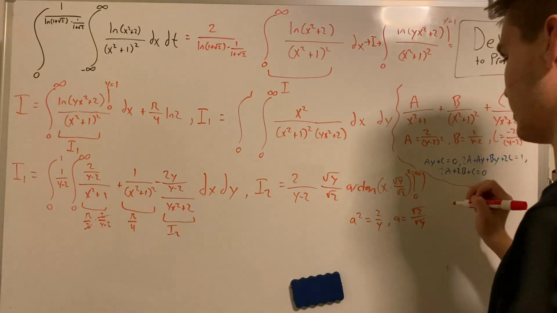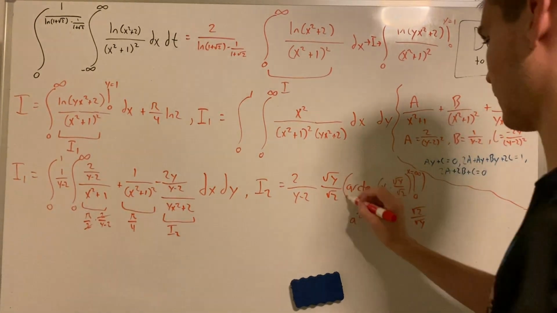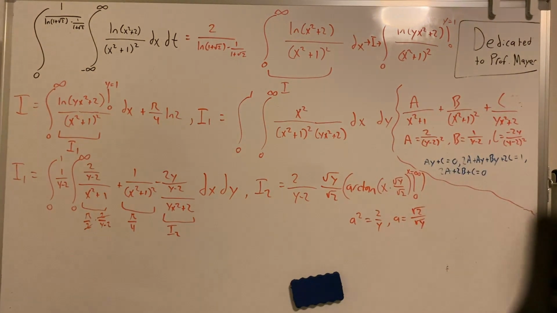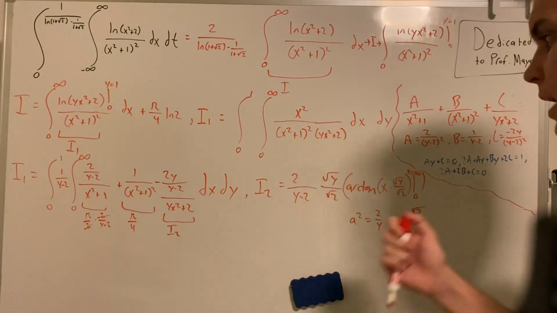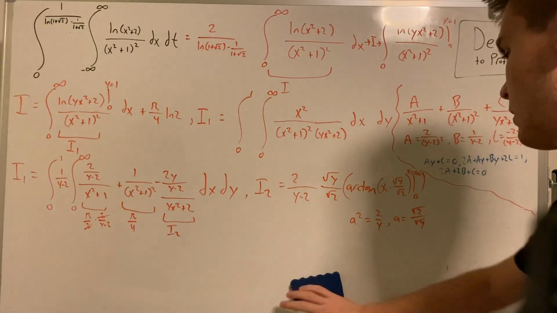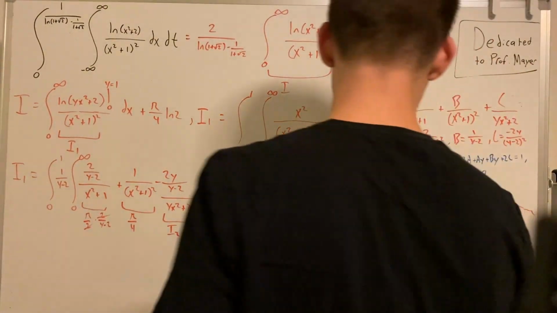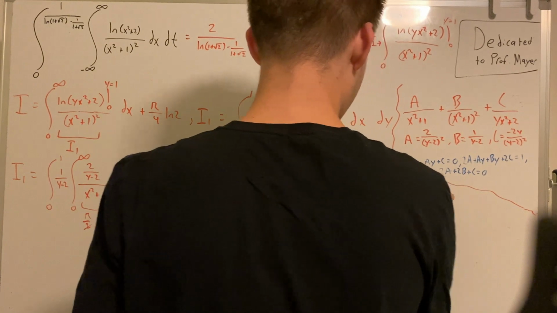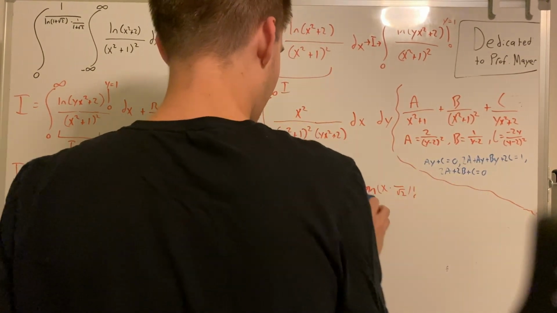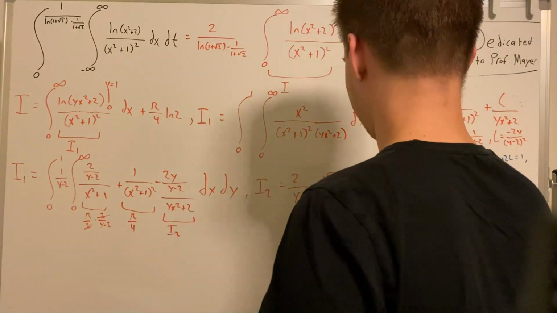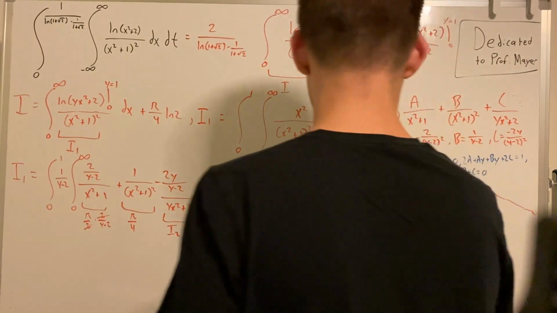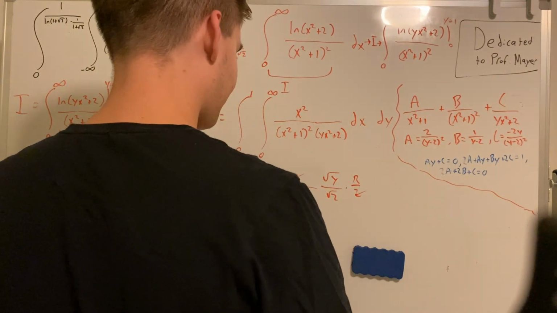I'm putting x equals just to clarify, because we have 2 variables. Anyway, at infinity, it's arctangent infinity, which is pi by 2. At 0, it's 0. So this entire arctangent thing can just be replaced by pi by 2. Which means we can cancel out these 2's.